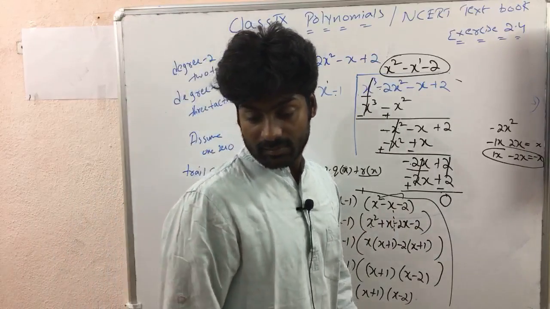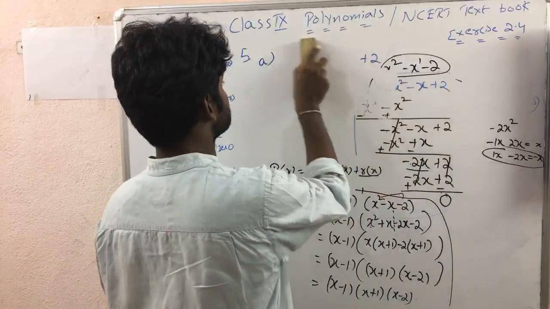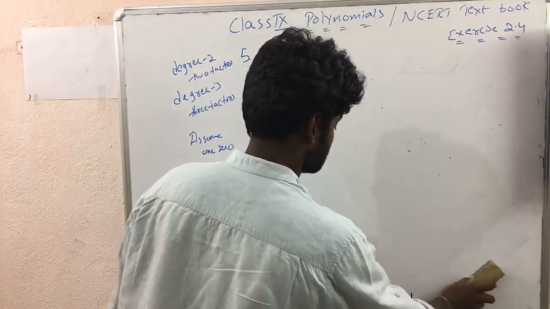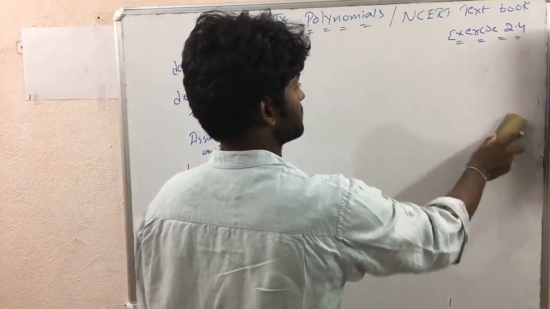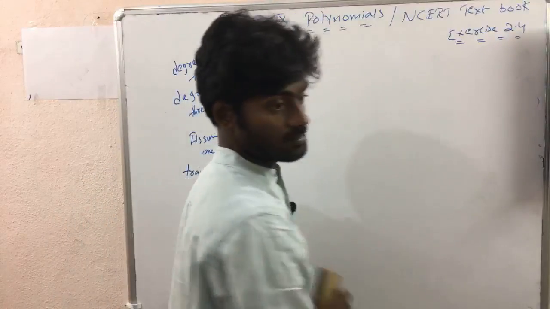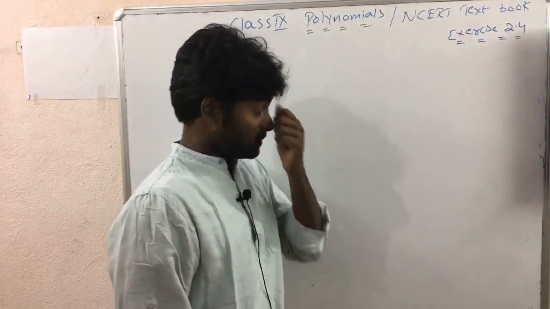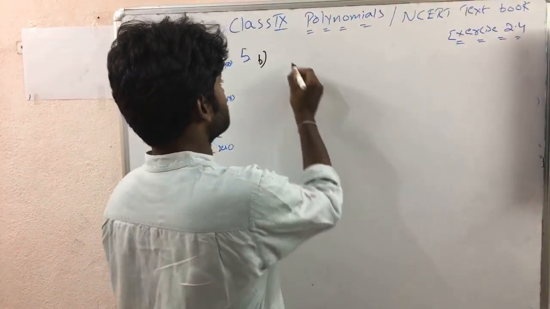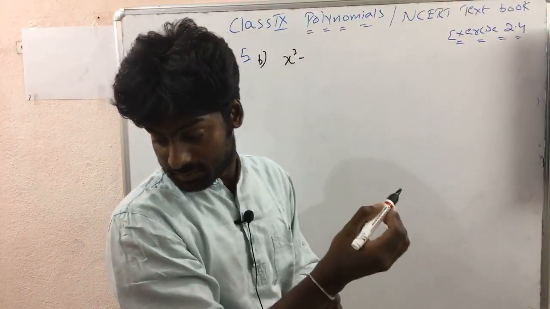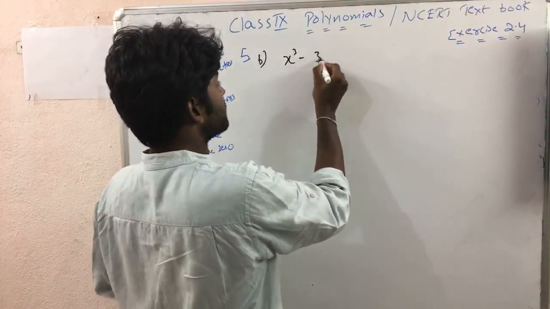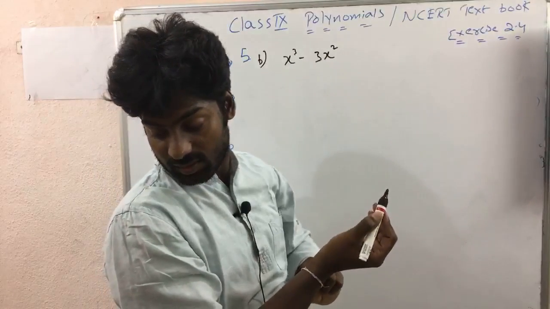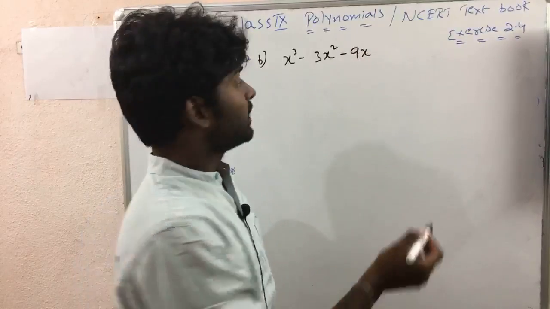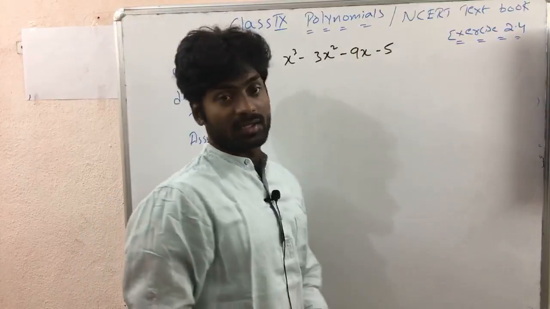Okay, now we will move to the next sum. Fifth main, second sum: x cube minus 3x square minus 9x minus 5.